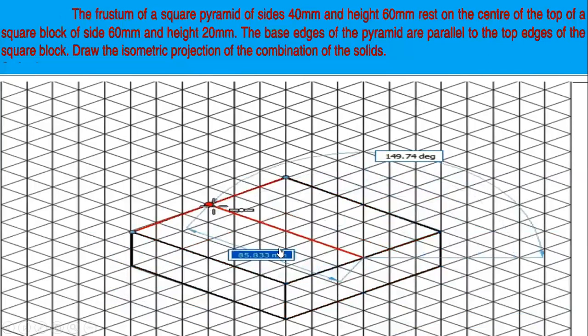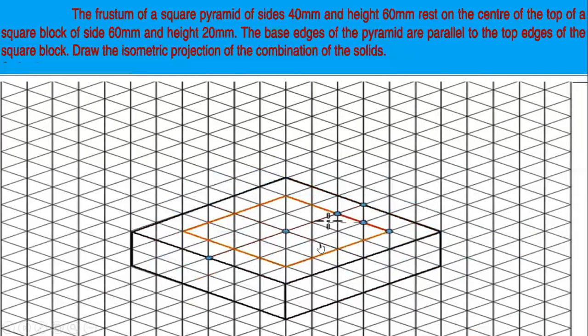Then get the center of 60, so 30, draw a line parallel to the 150-degree line and draw a line parallel to the 30-degree line. Then from the center, a 40 mm square has to be constructed. So 20 mm towards the 30-degree inclination line, 20, 40, 40, 40 and 20.